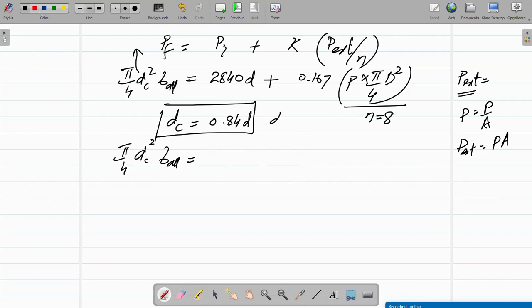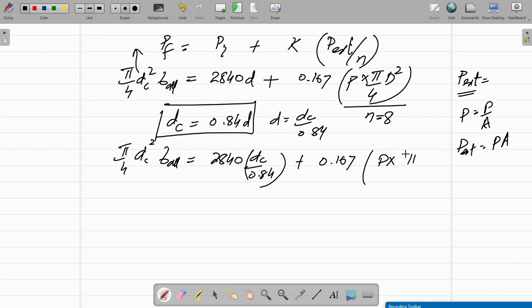So D is equal to DC by 0.84. So here I can write 2840, and D is replaced by DC divided by 0.84, plus 0.167 P into pi by 4 capital D square divided by 8.